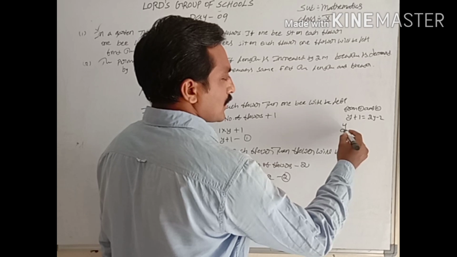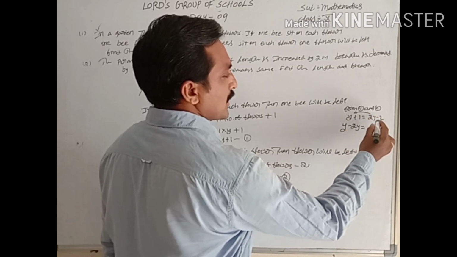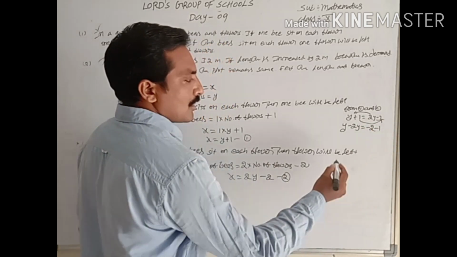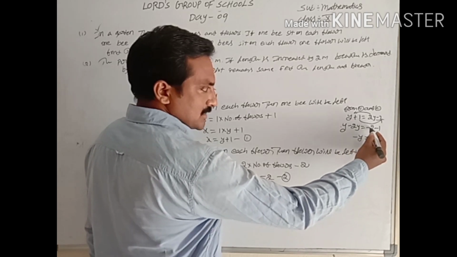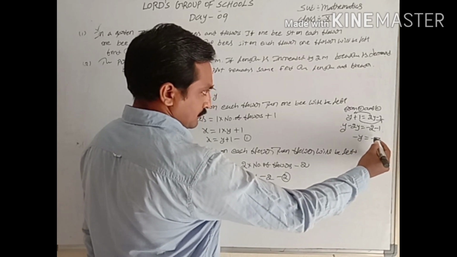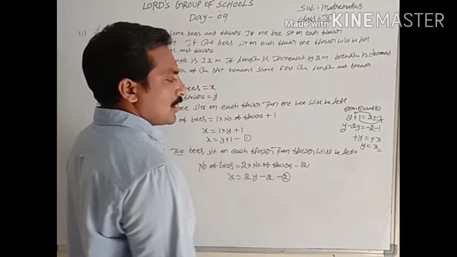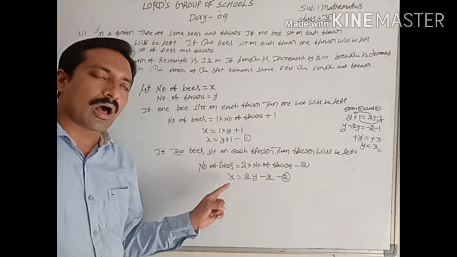Now y plus 2y transferred here becomes minus 2y. Minus 2 transferred to this side becomes plus 1, so minus 1. 1y minus 2y, you'll get minus y. Minus 2 minus 1, minus 3. Minus minus cancel, y is equal to 3. So the y value is complete.